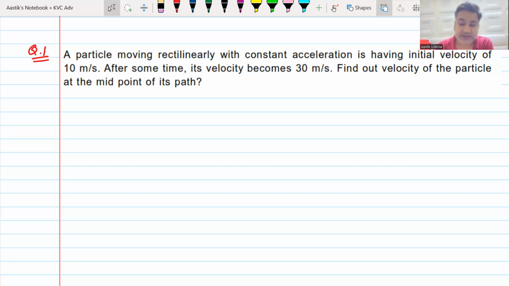And one equation that I've given for you, displacement is (V plus U) by 2 multiplied by T. When you know time, that is the equation that you use. I hope you should be able to solve this problem. I'll give you 2 minutes. Please solve it.